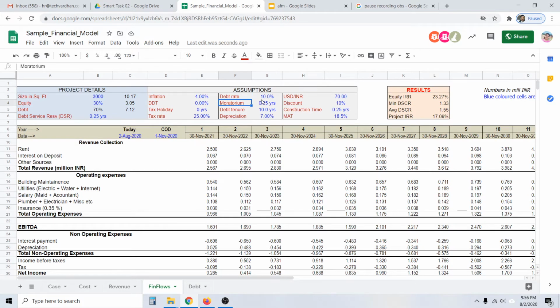Next is the moratorium period. A lot of guys got confused about what moratorium is. Whenever you take a loan from the bank, the bank is there to make money. The day you withdraw the money, the bank starts charging interest from the next day.